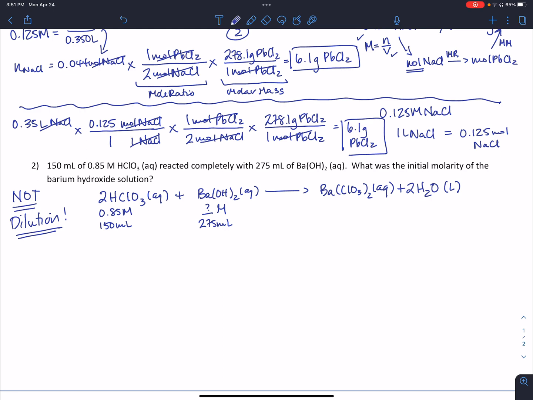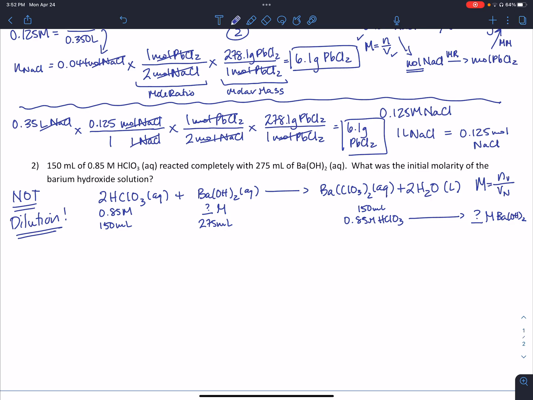All right, so we're going from 0.85 molar HClO3, and I have 150 milliliters of it, and we're trying to figure out the molarity of that barium hydroxide. We know that molarity is moles of solute divided by volume of solution.